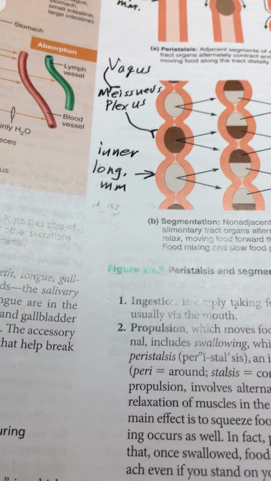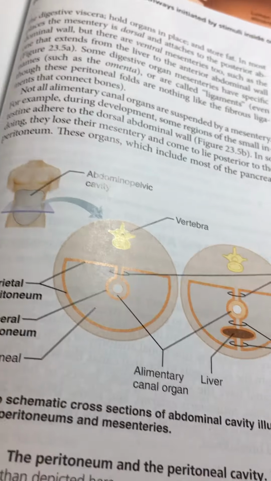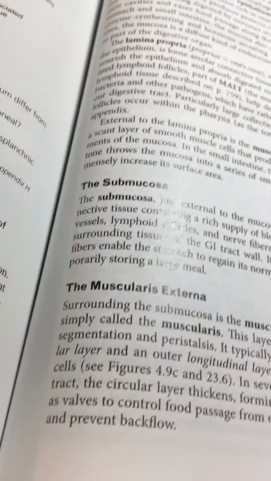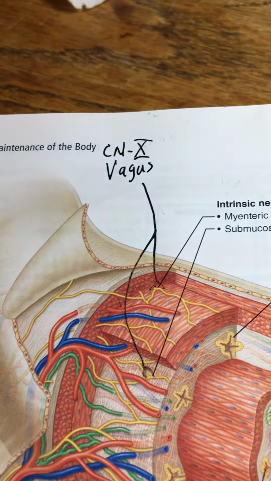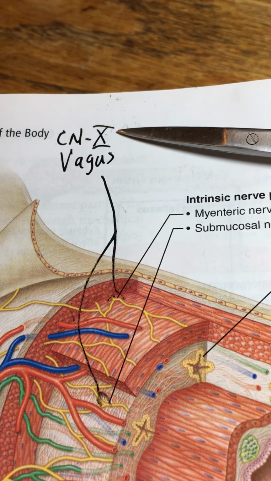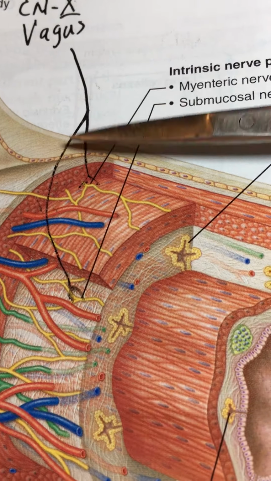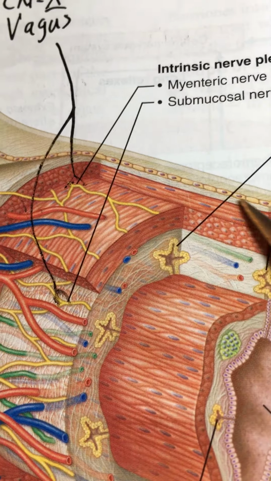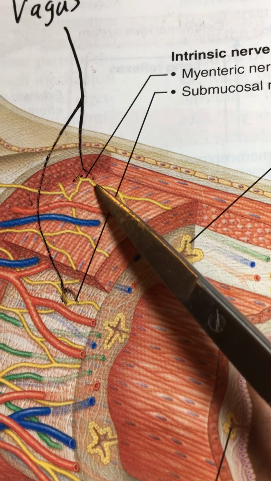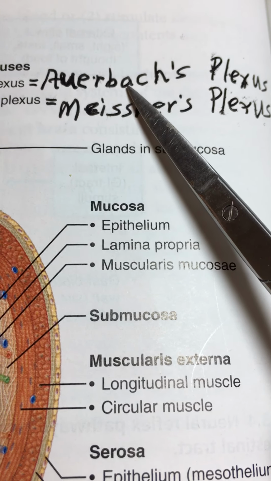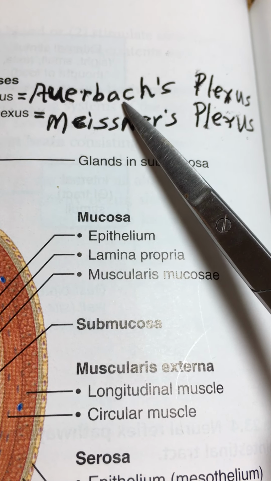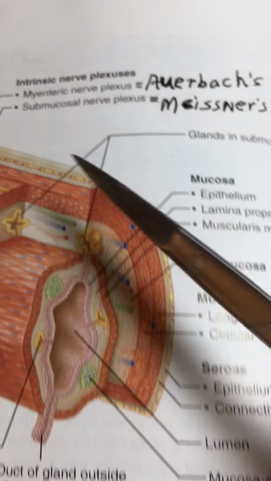Okay, so as we come across to this next diagram here on page 854, I'm showing you the vagus again here, cranial nerve 10, coming down, innervating just inside this outer longitudinal muscle, and this is then going to be Auerbach's plexus.